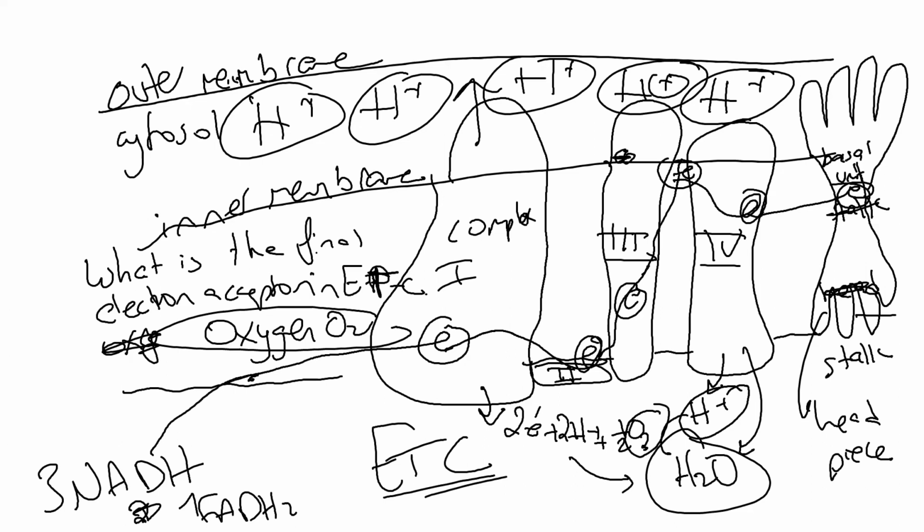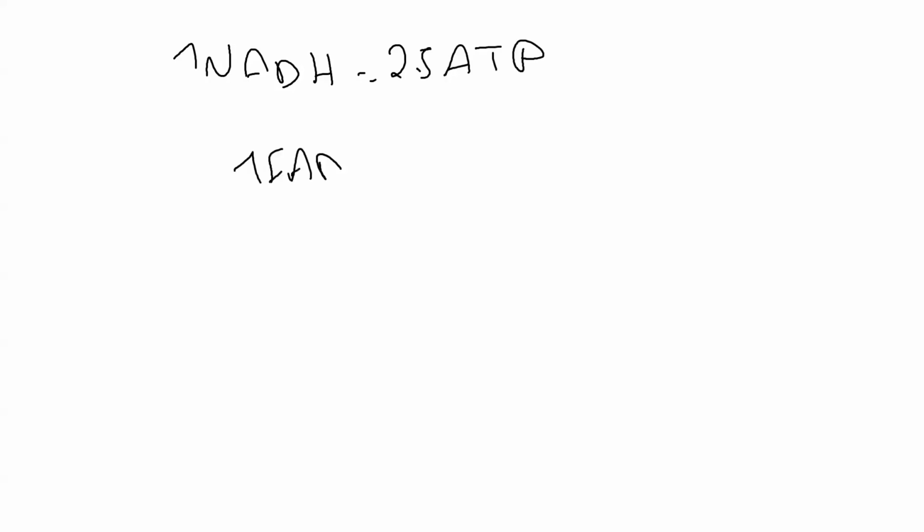The thing that you should also memorize about this chain is that 1 NADH is going to give 2.5 ATP and 1 FADH2 will give 1.5 ATP.